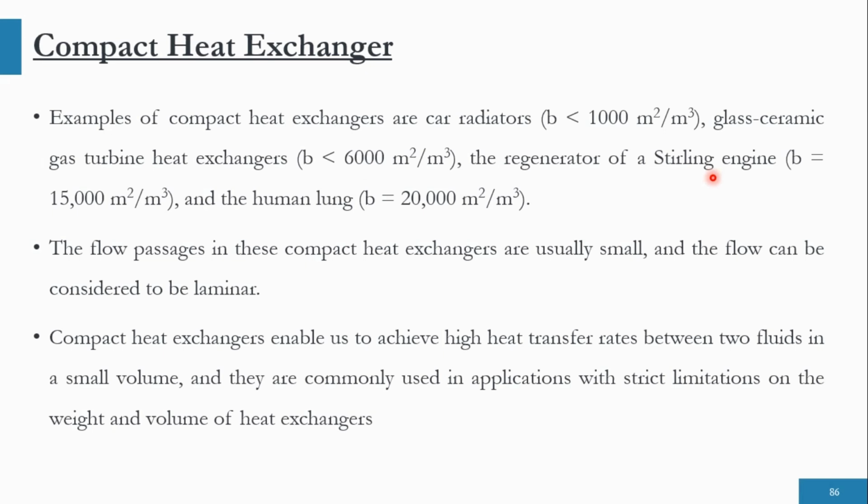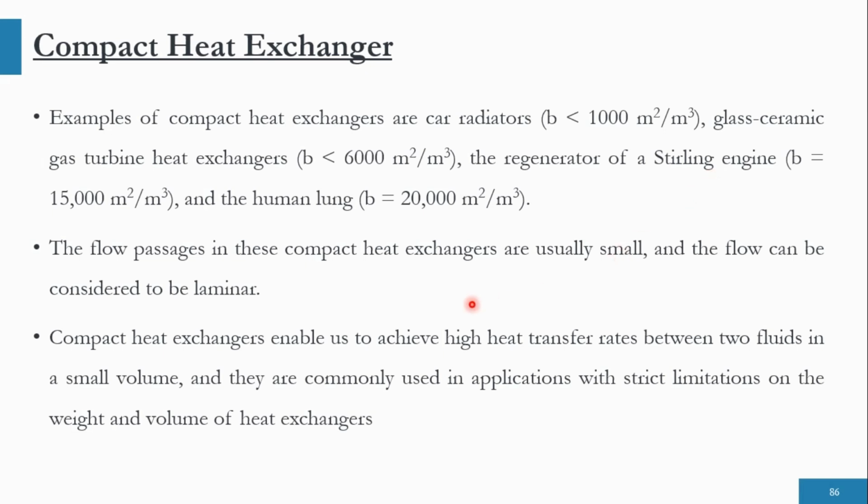And more importantly, the human lung has a beta value of 20,000 square meter per cubic meter. So these are the industrial applications like the regenerator of a Stirling engine, the gas turbine heat exchanger, the car radiators, and more importantly, the human lung.